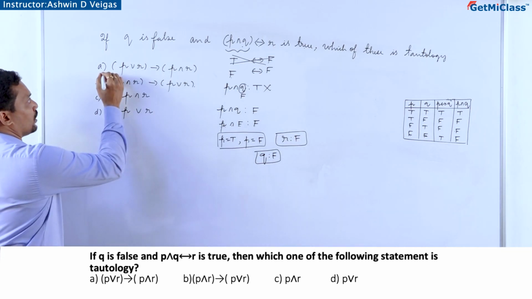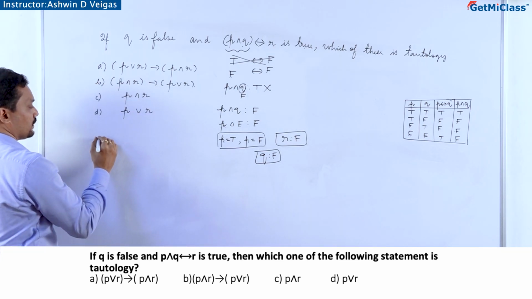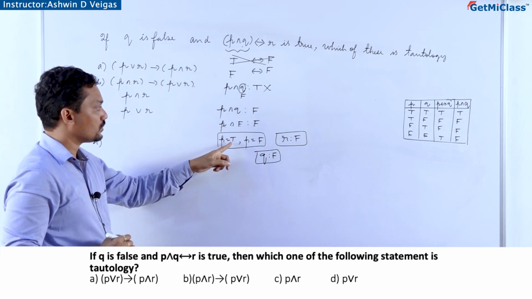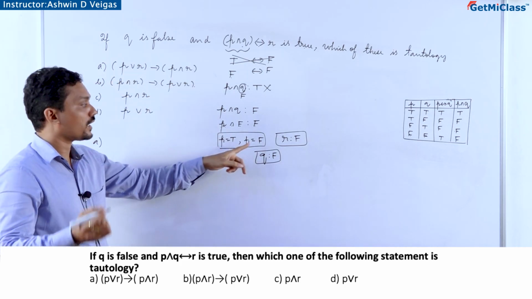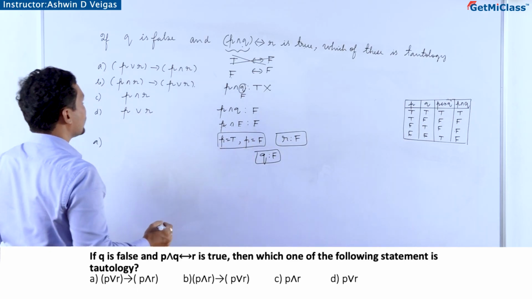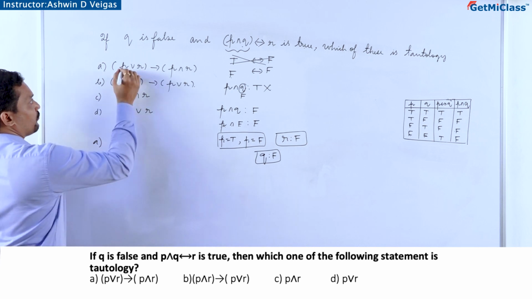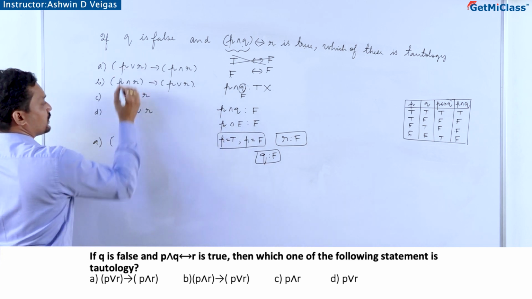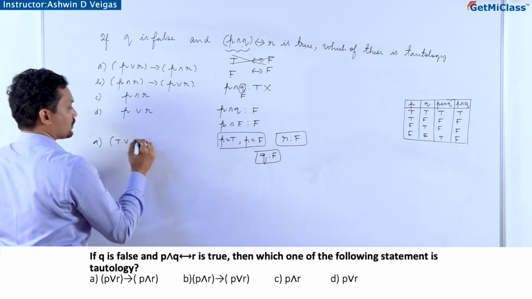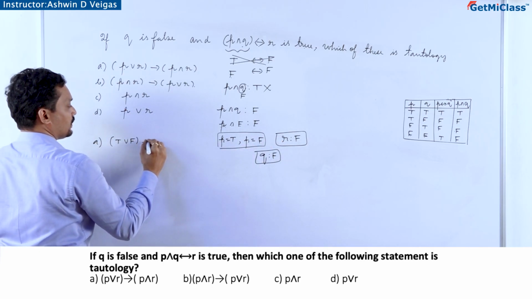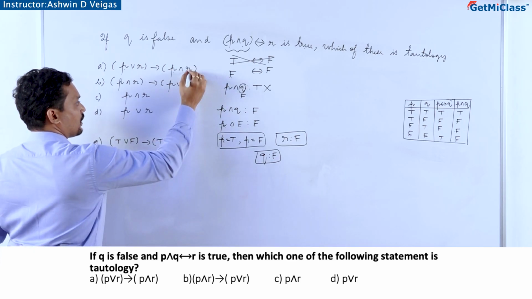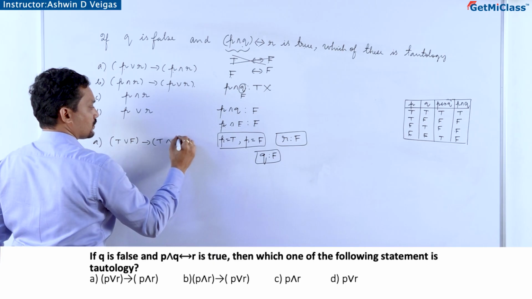Now, let us go to option A. When you go to P, what you have to do is substitute first P as true and P as false. Both have to be done, because P can have 2 cases. So, option A, when we take P as true, this is true or R, R is false, then P, that is true, and R false.